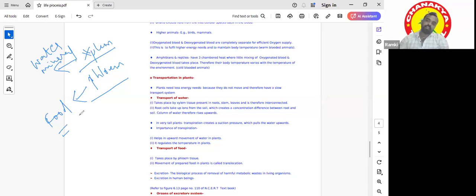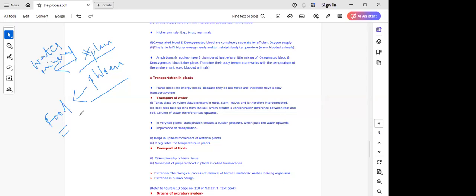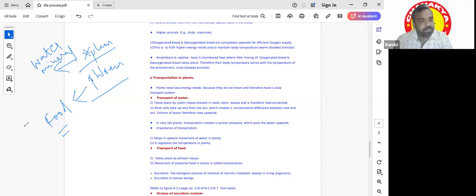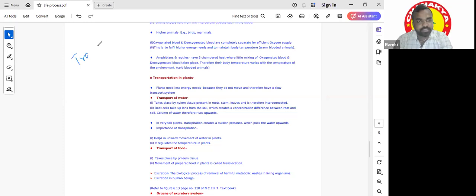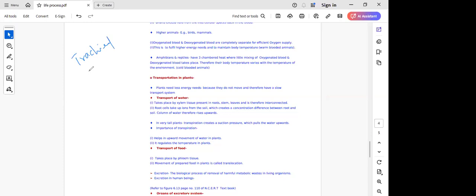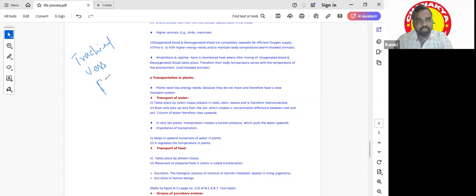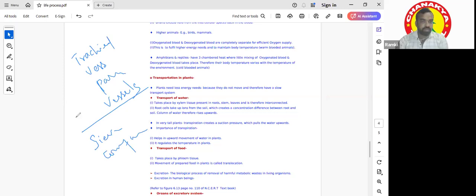Lakshmi, Sudha, Aryan, anyone? Xylem consists of xylem parenchyma, right? Yes, very good, Sudha. Xylem consists of tracheids, xylem vessels, and xylem parenchyma. Then phloem consists of sieve tubes, companion cells, phloem parenchyma, and phloem fibers.